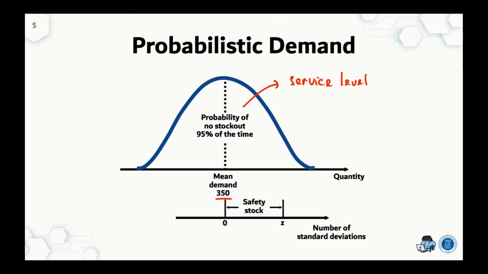Based on this predetermined service level, we can determine the safety stock. We can calculate the Z-score. And there is a 5% probability or 5% risk of stock out that is represented in this area.